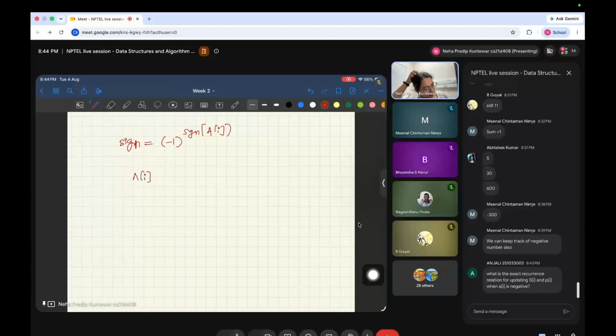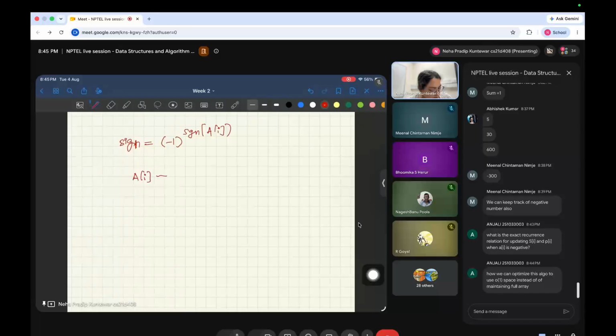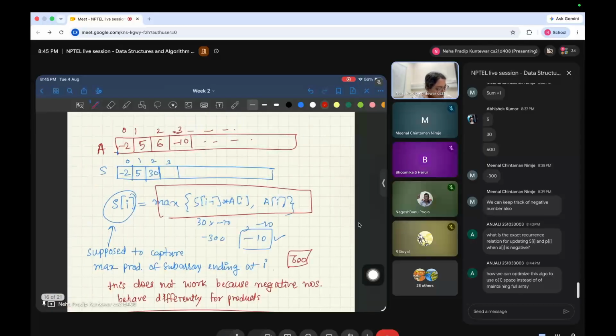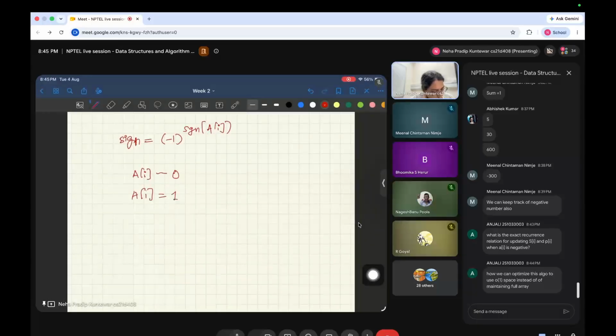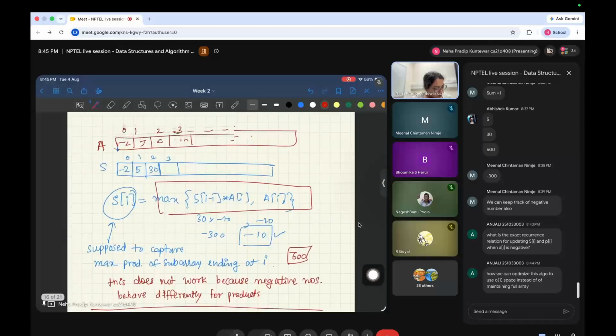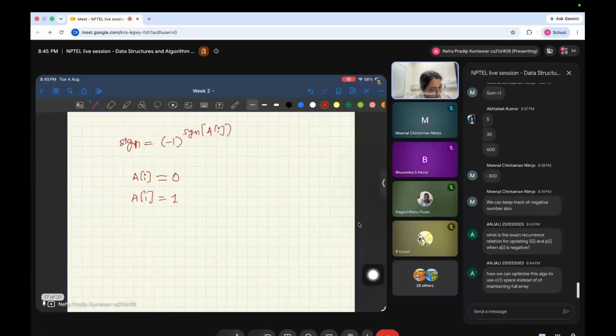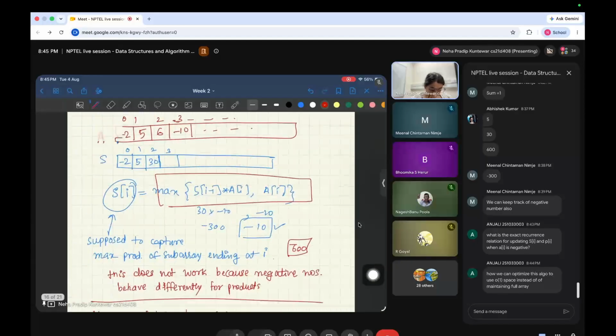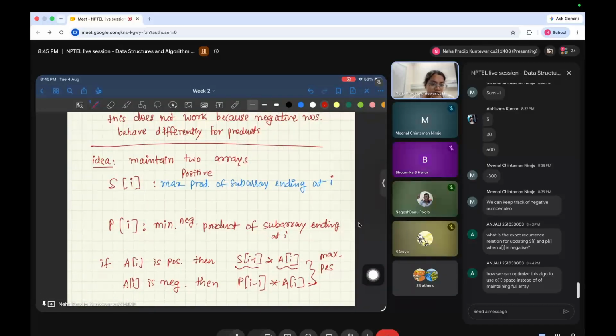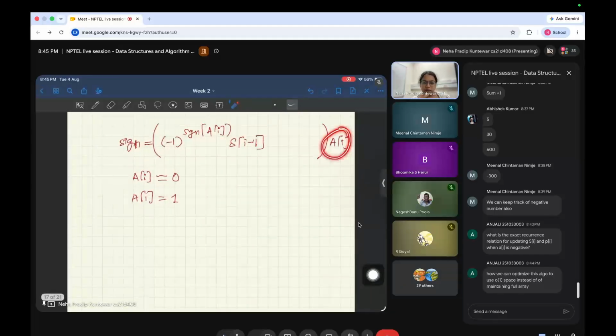If a of I is a positive sign, in both of these cases a of I is something that we are anyway going to multiply with, so this is what I'm writing outside the bracket.